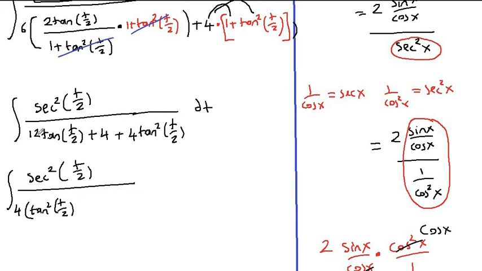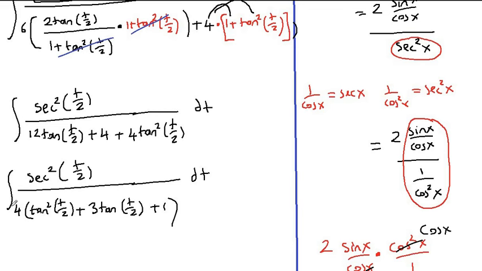And if I factor out 4 from 12, I get 3 tangent t over 2, and then I get 1 if I factor out 4 from here, dt. So what we did from this step to that step is we ordered this quadratic function from highest to the lowest order and factored out 4.